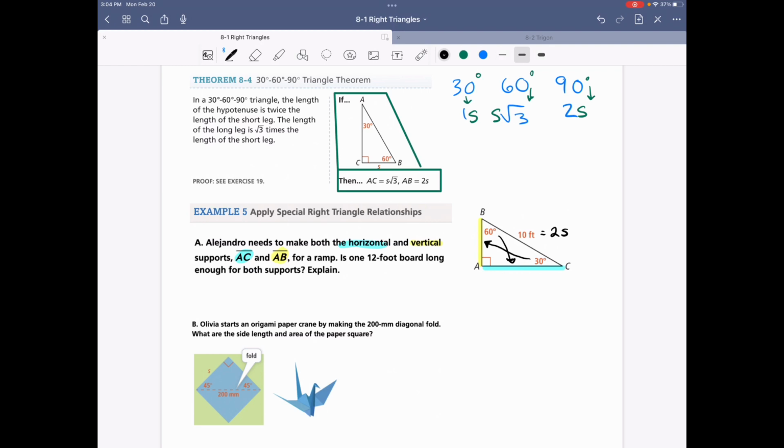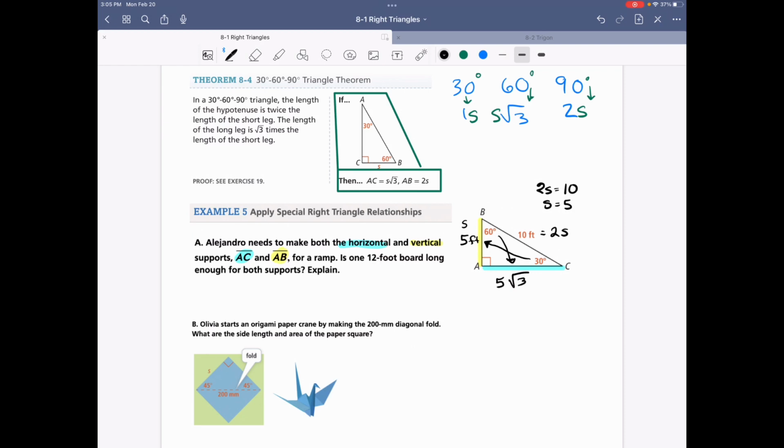So that means if we set it up like an equation, 2s equals 10, and we divide by 2, then s would equal 5. So the short side would be 5 feet. And then the other side, so that's our s, which is very helpful to know, because the other one will be s root 3, so 5 square roots of 3.